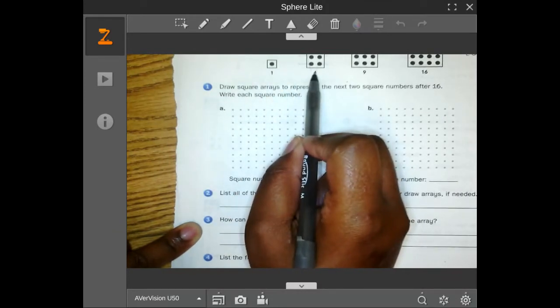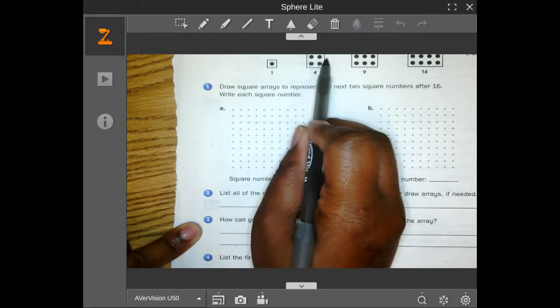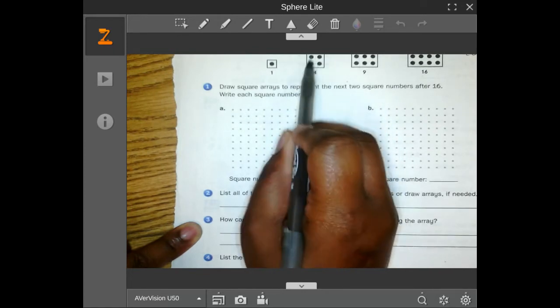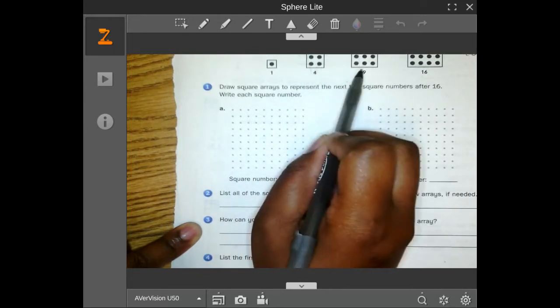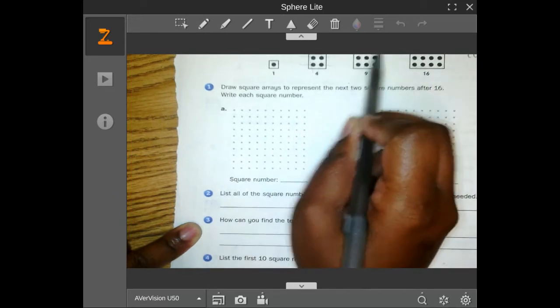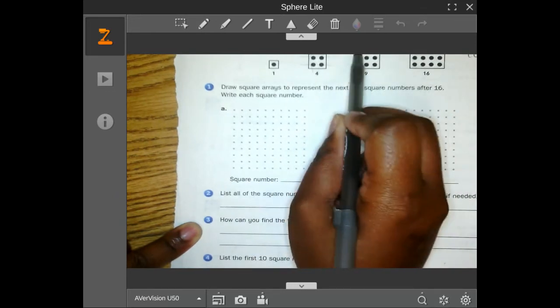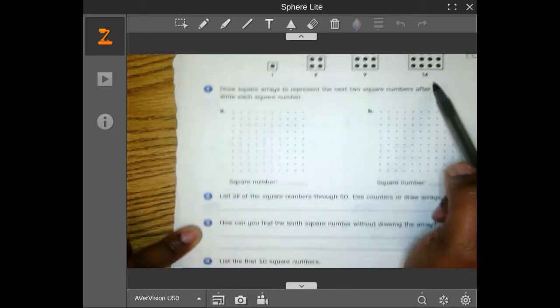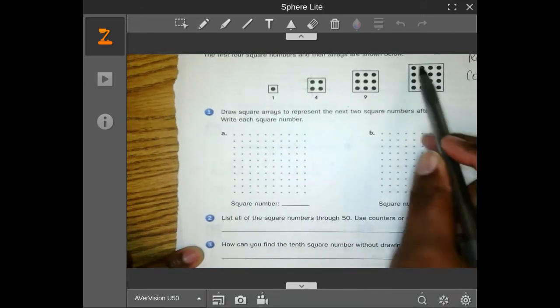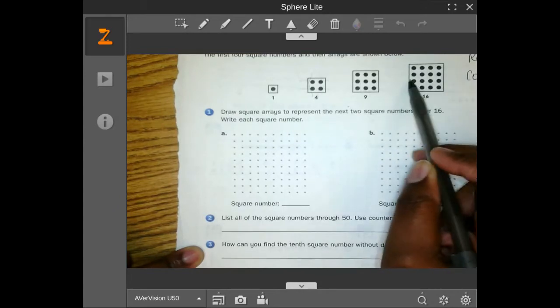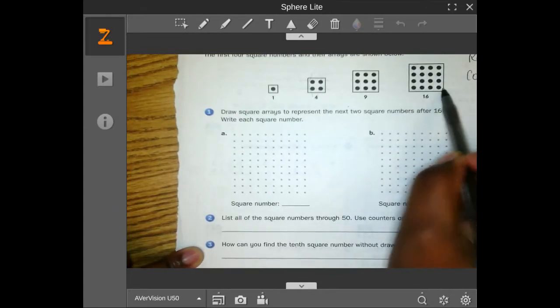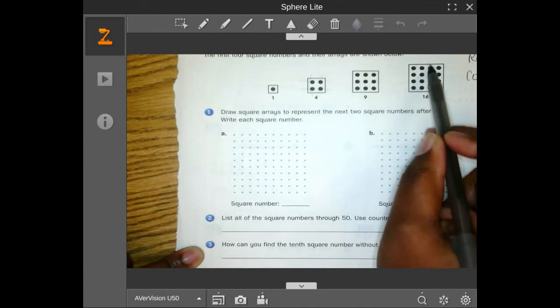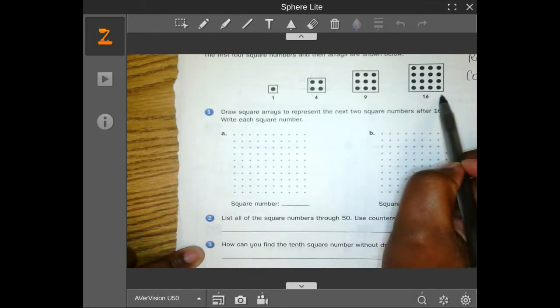For the number 4, we have 2 rows and 2 columns. For the number 9, 3 rows and 3 columns. For the number 16, we have 4 rows going across, and then 4 columns. 1, 2, 3, 4. So what do you notice?